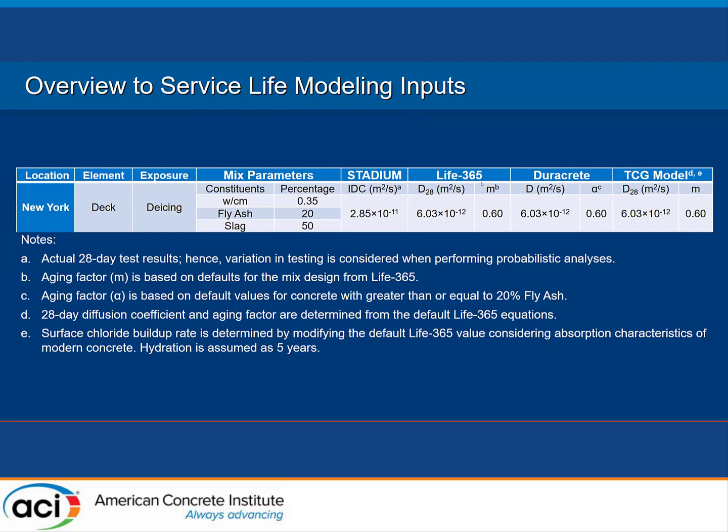The slopes were the same for the aging factors in these. However, this would put 25 years for Life 365, 100 years for Duracrete, and 5 years for the TCG model. There was also 2 gallons of calcium nitrite in this concrete, but we use this for galvanized steel, so we can model either one because they're roughly the same threshold values.